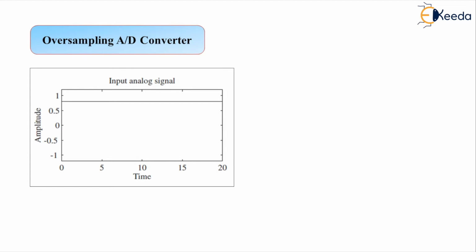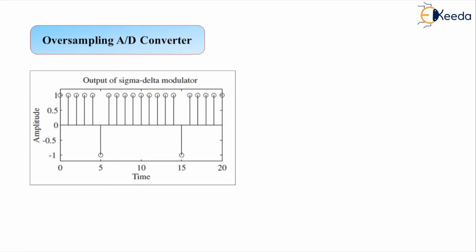The corresponding output of the sigma delta modulator is illustrated here, again with the amplitude versus the time. So all the discrete samples are represented here. So this becomes the case of a constant amplitude signal fed as input for sigma delta quantization.